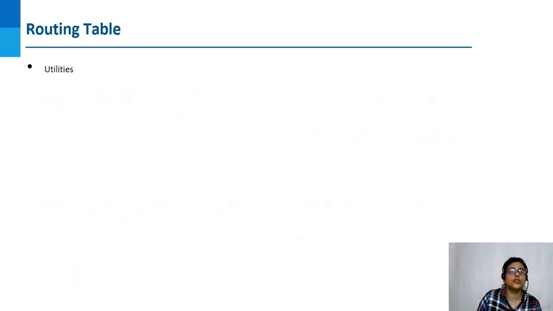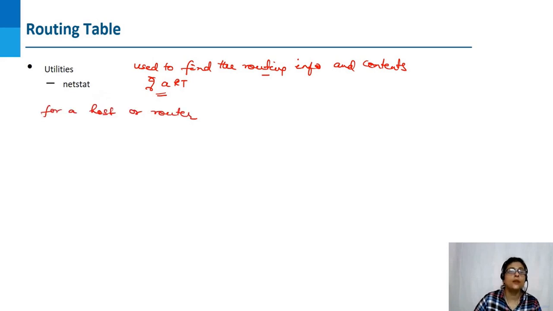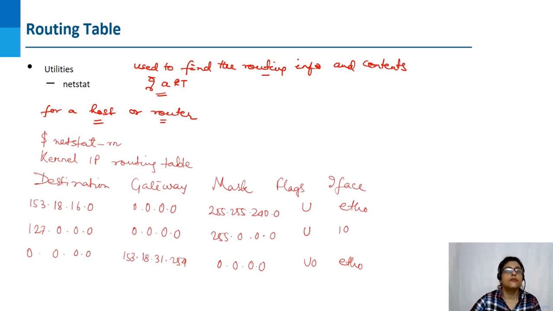Next we go to utilities. Utilities mainly are used to find the routing information and contents of a routing table. There are 2 types of utilities that we will be learning here. One is netstat. Netstat basically will help us to find the routing information of a host or a router. For example, this is the Unix or Linux command.